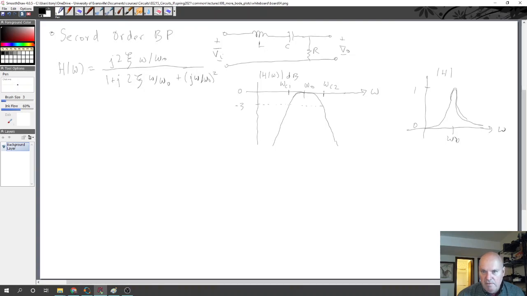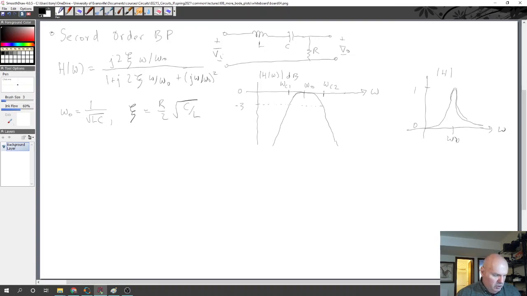Notice I could have this j squared, which would be minus 1, so I could write this as minus omega over omega 0 squared, but it's often written in this form. So you can write the transfer function in this form, where omega 0, the resonant frequency, turns out to be 1 over the square root of LC, and then this zeta parameter is R over 2 times the square root of C over L.